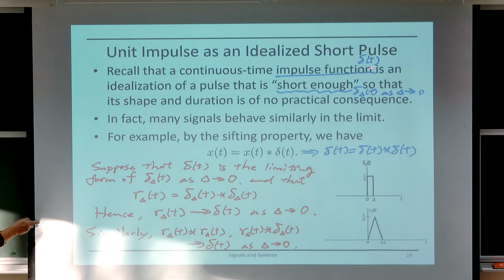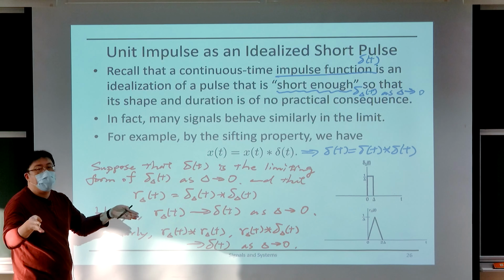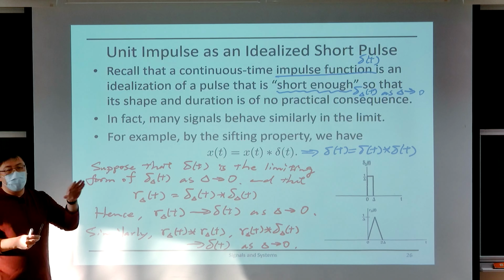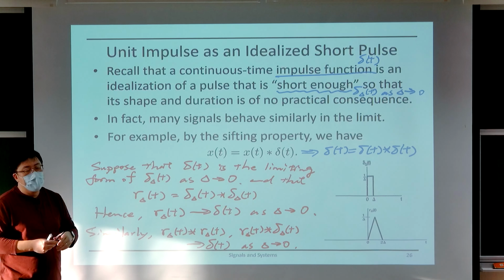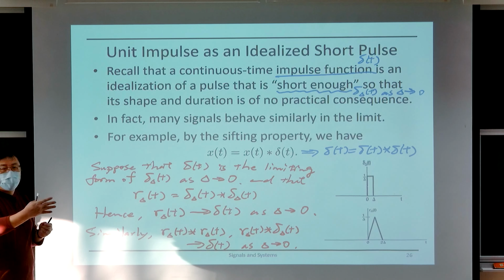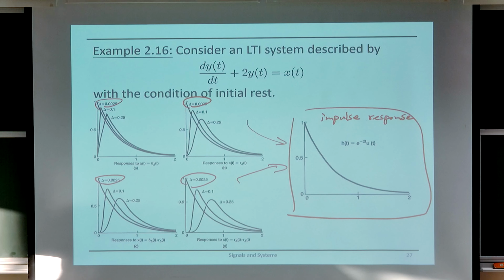When we define an impulse response, we're not primarily concerned with what the values of delta are at different time instants. What we're really concerned with is how it behaves when passed through a system, and how the response of the system approximates the response to other pulses that are short enough. We can see this through this example here.